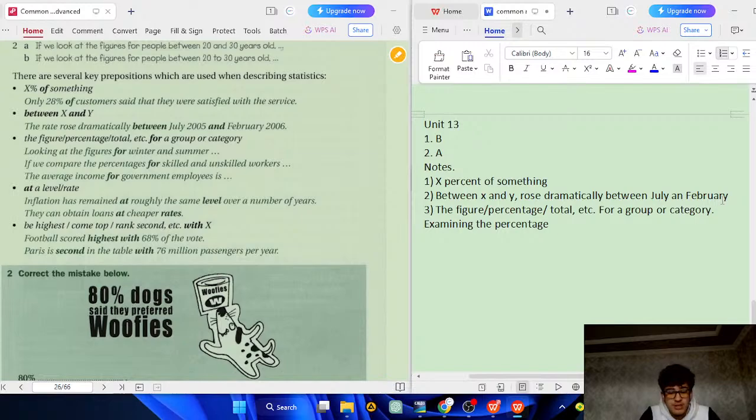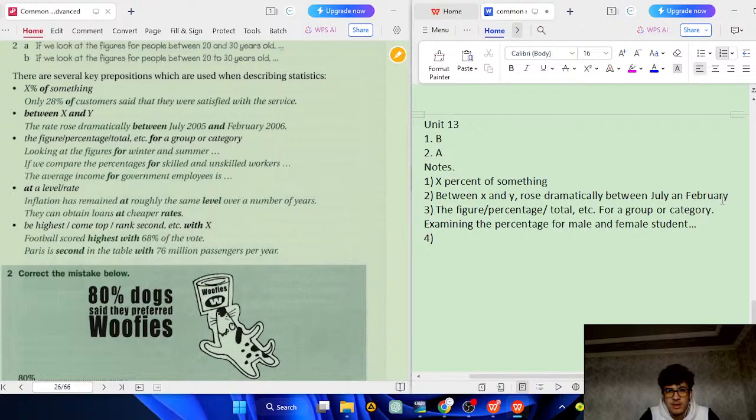Examining the percentage for male and female students.